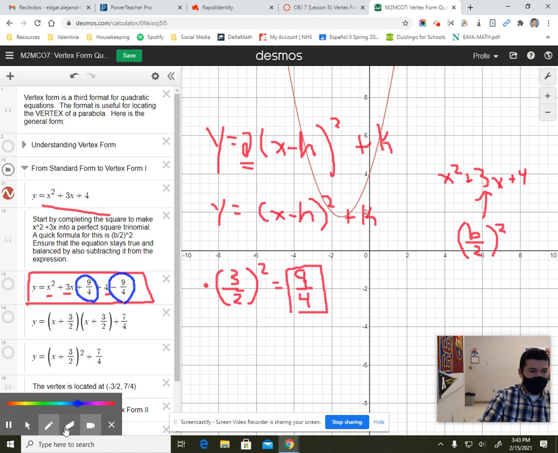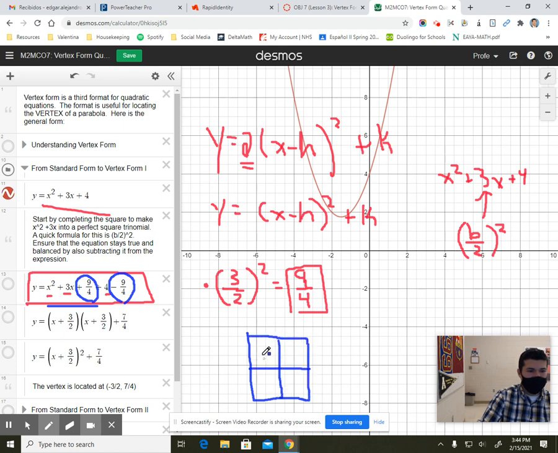The next thing that's going to happen is pretty neat. You're going to factor x squared plus 3x plus 9/4, putting this kind of into the box. x squared factors into x times x. 9/4, I should know what it factors into already because I just did it. That's 3 halves, positive, times 3 halves.